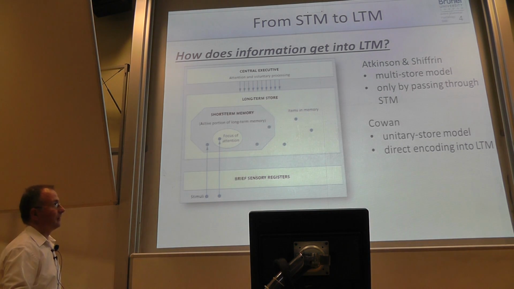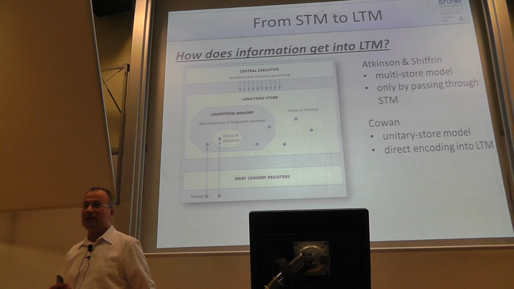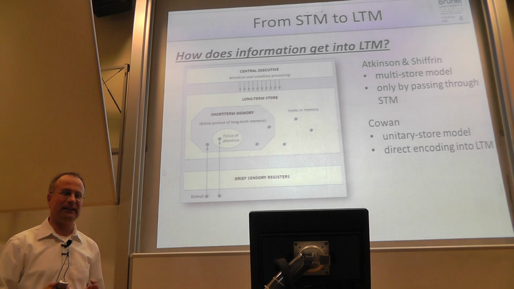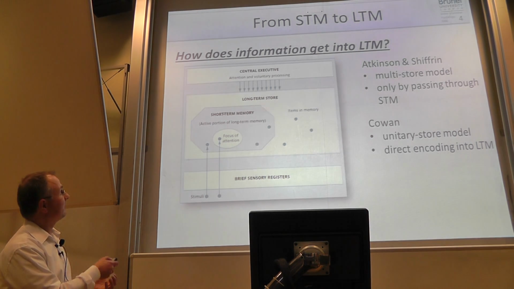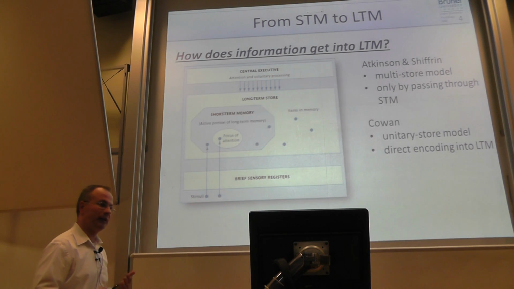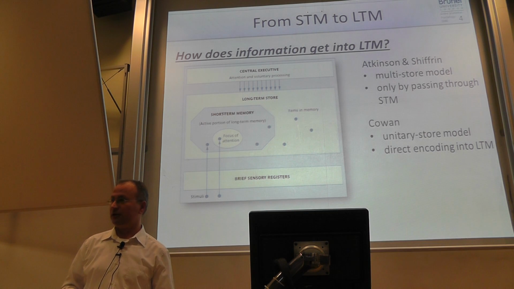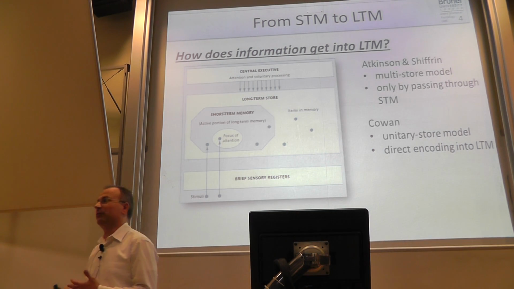However, if you look at the unitary store model of Cowan, then we see that actually there is no separate short-term memory. Short-term memory is just the active portion of long-term memory. So encoding would go directly into long-term memory, and not through short-term.